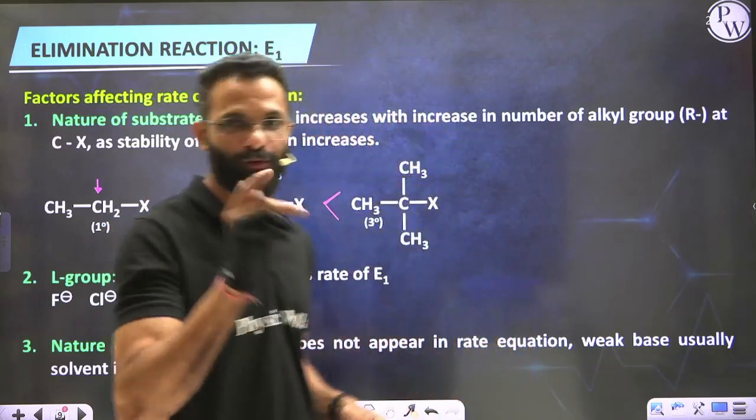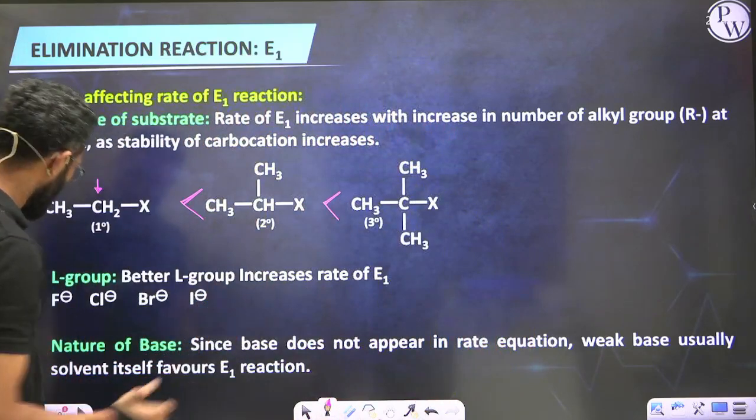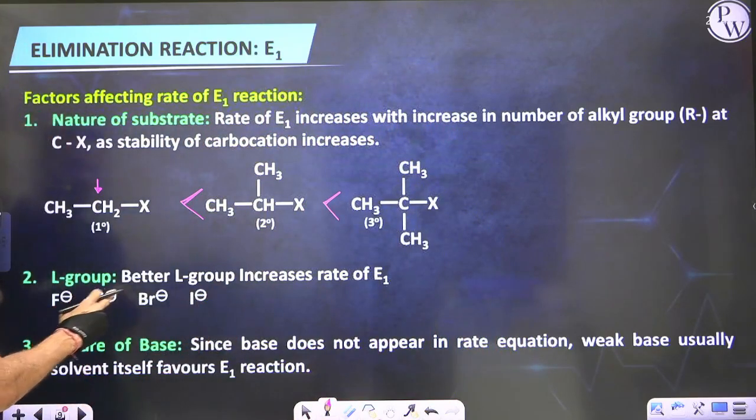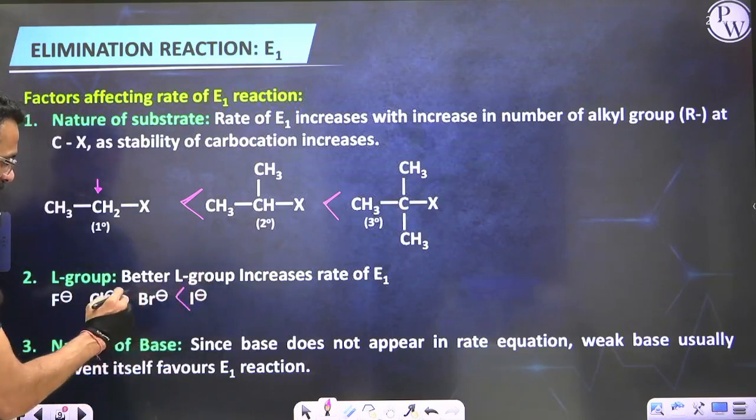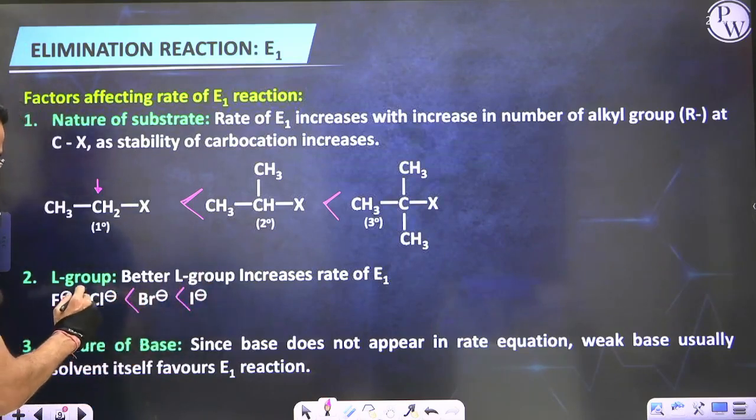So the leaving group always has to be a good leaving group. If you have fluorine, chlorine, bromine and iodine, poor bases are good leaving groups. So I minus is the best leaving group, then Br, then Cl and then F.